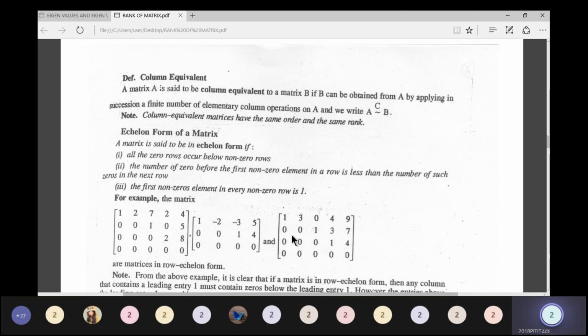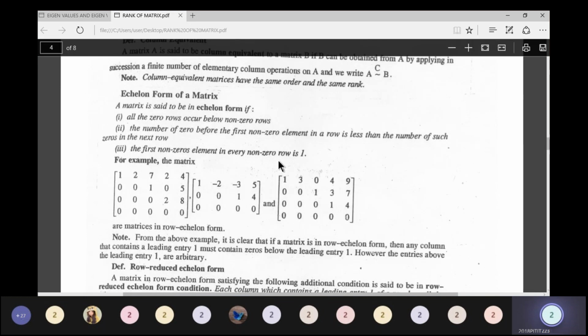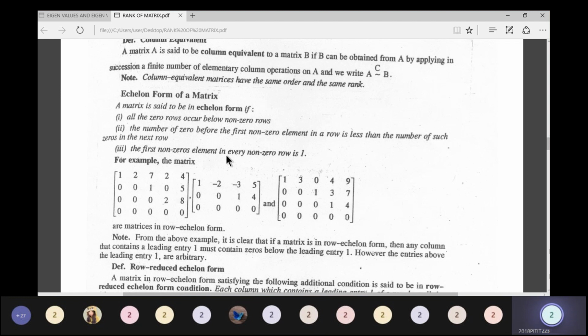In the fourth row all elements are zero, so it is a zero row. All the zero rows occur only below the non-zero rows. The number of zeros before the first non-zero element in a row is less than the number of such zeros in the next row. The first non-zero element in every non-zero row is 1.